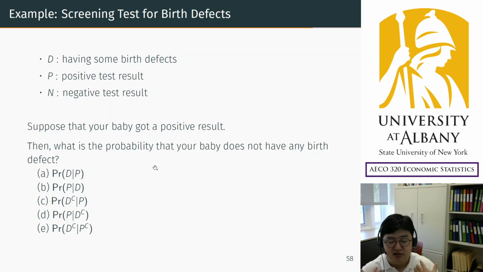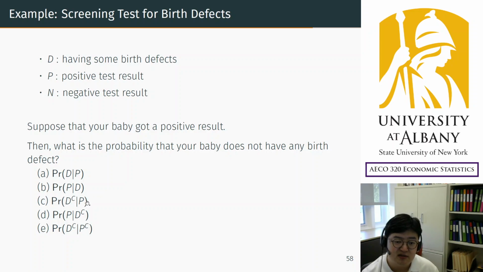So then think about this. We learned the positive result. Then given that situation, what is the probability that your baby does not have any birth defects? We know the positive result, and we hope for no birth defects at birth. What is that probability?